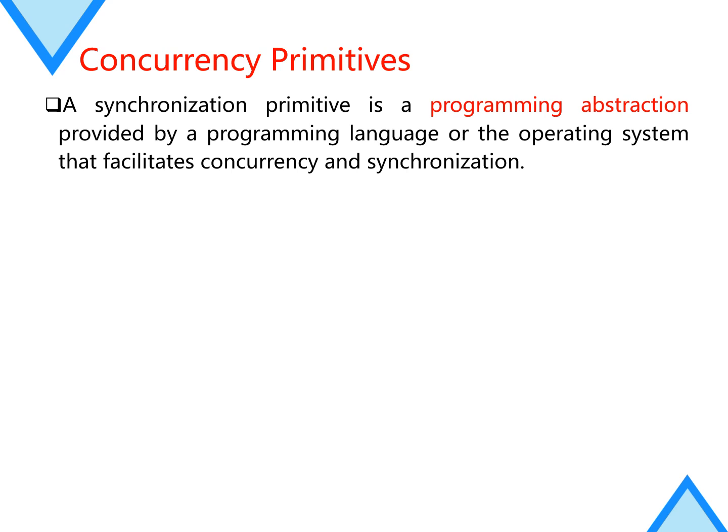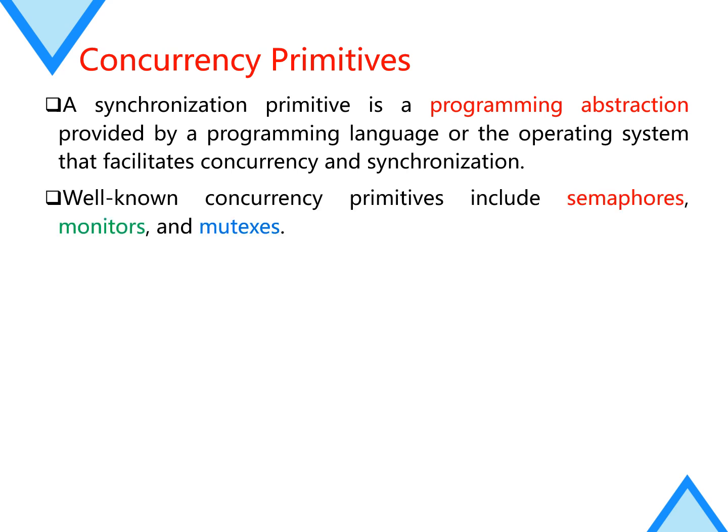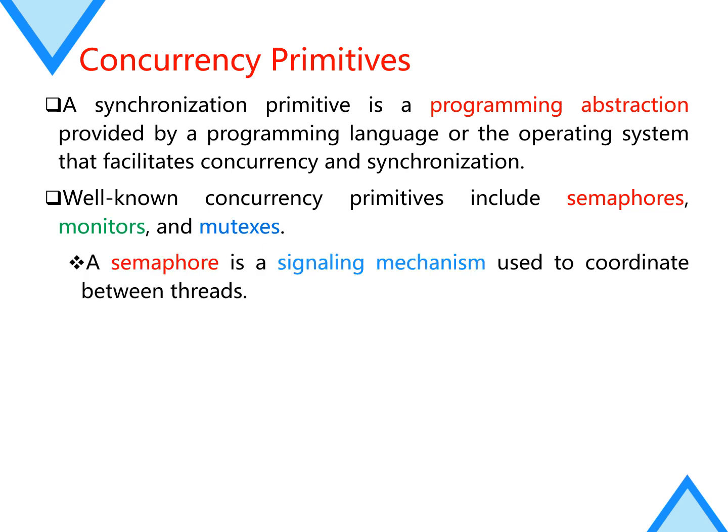So in this type of game you must have at least three threads: one to control the input, one to move the object or the marker, and the third one to control the music and to synchronize the music, the input and the movement of the object. There are three well-known concurrency primitives: semaphore, monitors, and mutex.